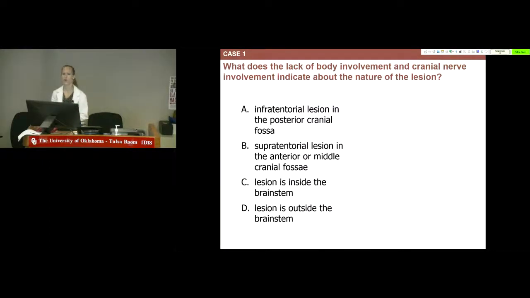All right, so what does the lack of body involvement and the lack of cranial nerve involvement indicate about the location of the lesion?